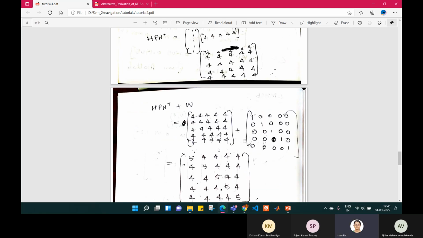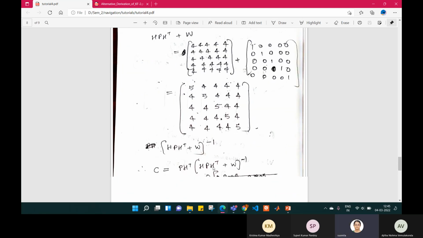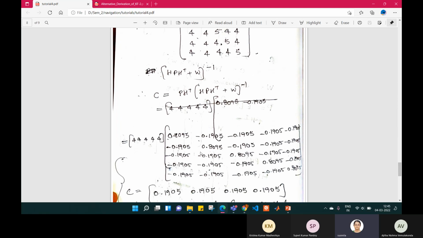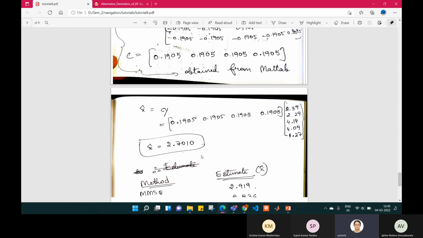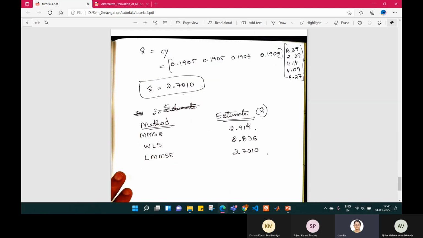Step by step, to find this inverse, I used MATLAB, ma'am. Then I got the estimate as this. So from the three methods, these are the estimate values I got. I think you made some mistake for MMSE. It will be 2.7 something. Okay, I'll look into it now.